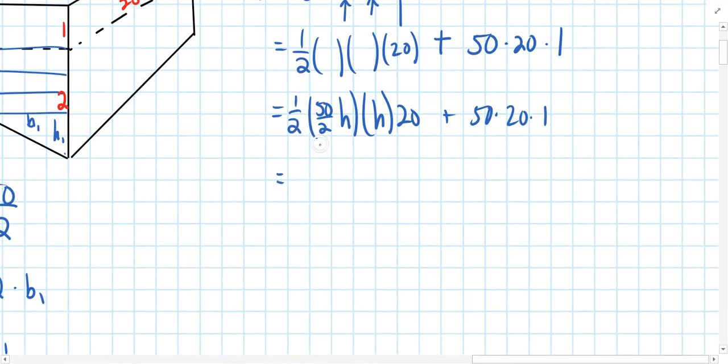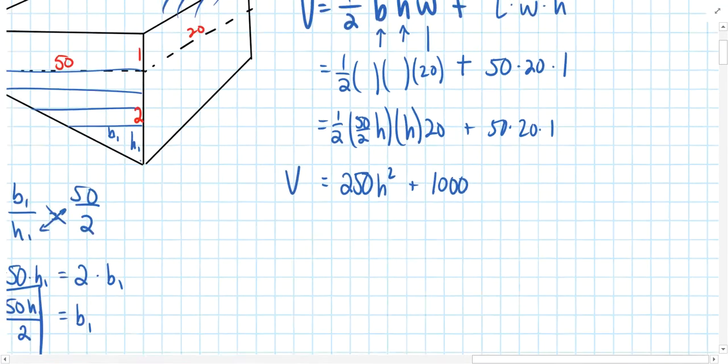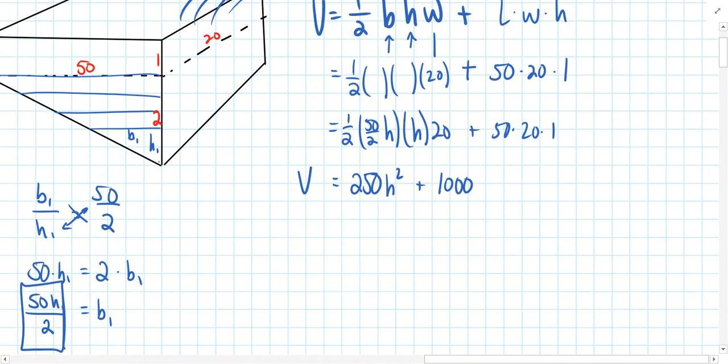Half times 50 over 2 will, of course, be 50 over 4. 20 divided by 4 is 5. So we've got 50 times 5, which is 250. H times h, which is h squared, plus 1,000. So the total volume of this swimming pool is going to be 250h squared plus 1,000.